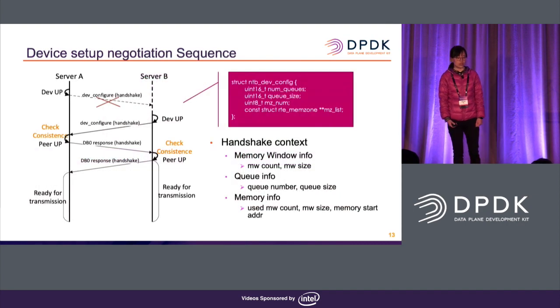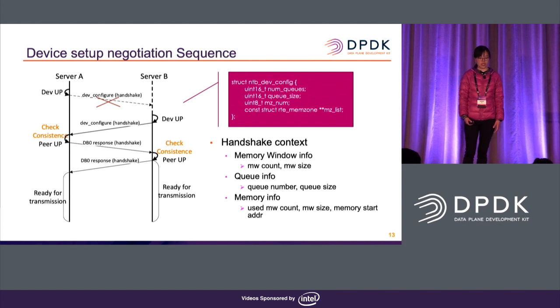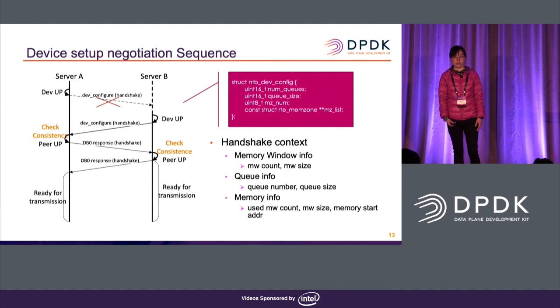Then let's go deeper into how the device is set up and which information we need to communicate with each other. For example, server A and server B are connected to each other by the non-transparent bridge. When the driver is probed, the driver will try to set up the device, but the other side may not be up yet. When it is up, the physical handshaking and negotiation happen when the link is up.